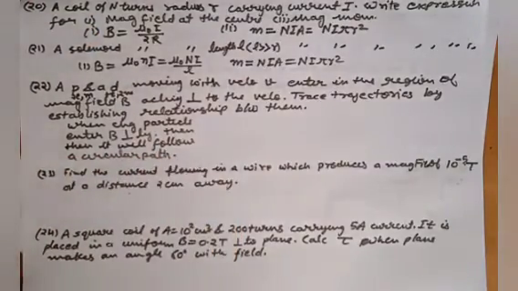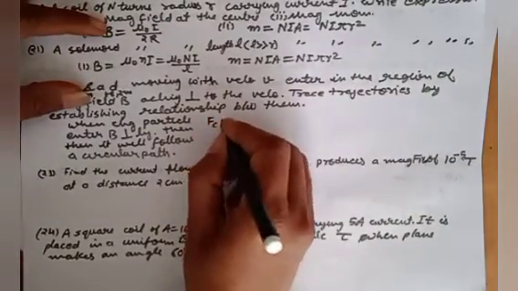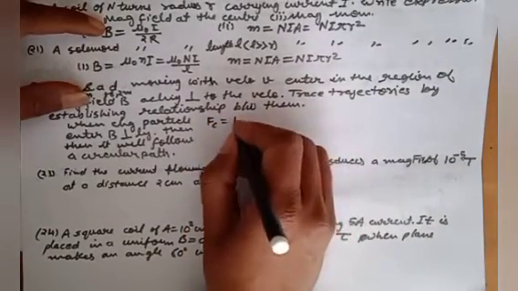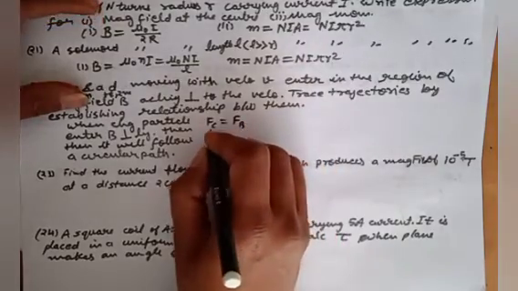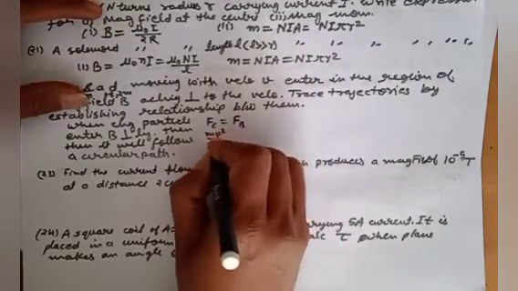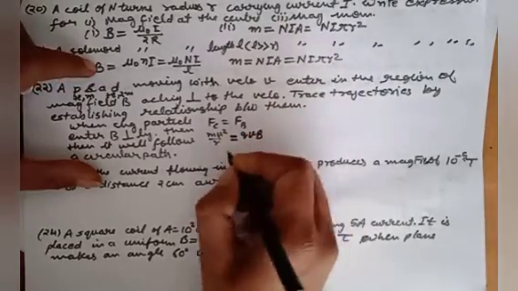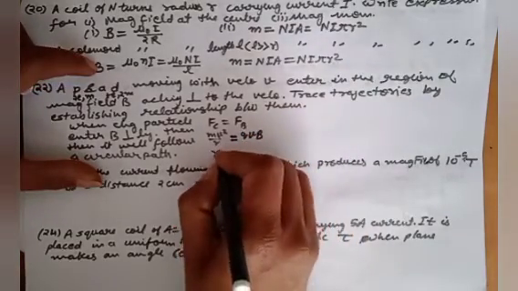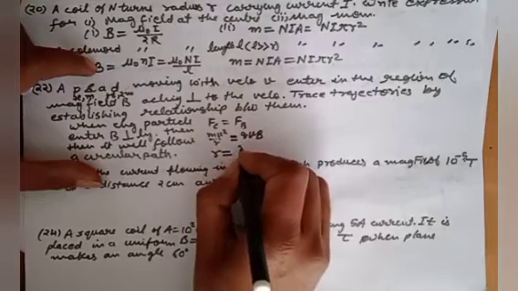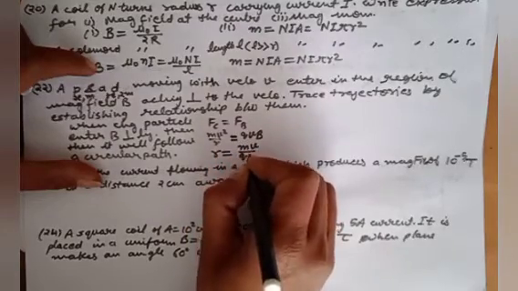All right. So centripetal force for circular motion is equal to magnetic force, that is mv square by r equals qvB. When we solve it, r will be equal to mv upon qB.